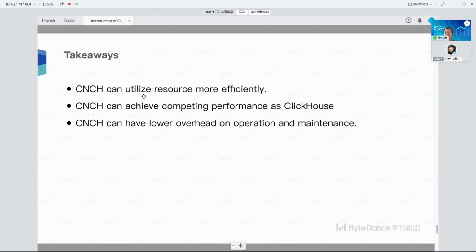Secondly, by leveraging the cache, CNCH can still achieve competitive performance with ClickHouse. And lastly, by using CNCH, users can have lower operation and management costs. I think it's good news for SREs and even DevOps. That's all for my sharing today.